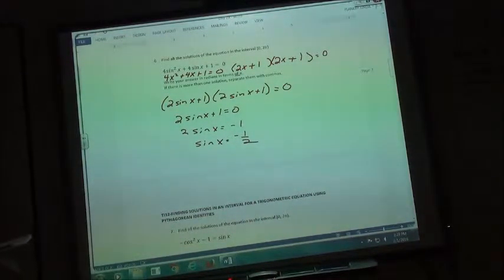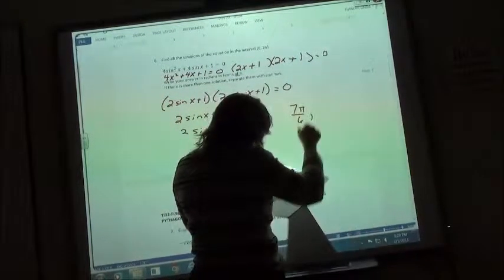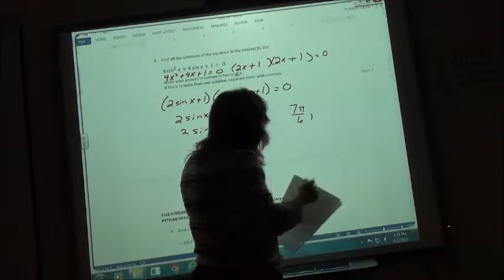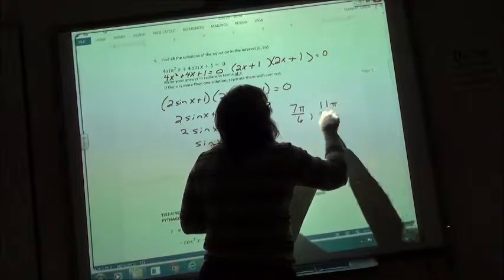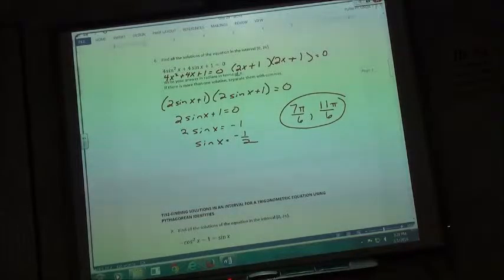And so I'm going to look at my table for where the sine of x equals negative 1/2. And if I look down my list, I am at 7 pi over 6 and 11 pi over 6. So at 7 pi over 6 and 11 pi over 6, my sine of x equals -1/2.